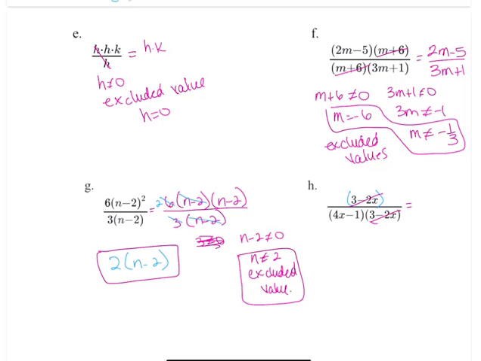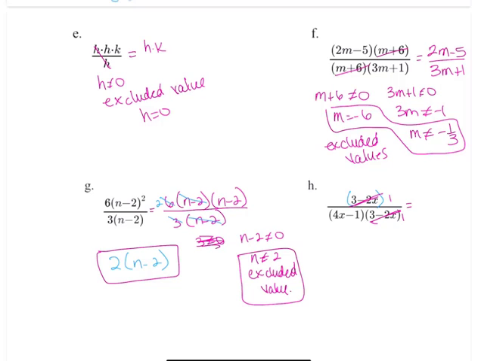So what do I have left on top? This is another little tricky one. Is it a 1 or is it a 0 because you got rid of everything? Right, it's a 1 because this 3 minus 2x divided by 3 minus 2x, those are 1s, right? That simplified to 1 over 1, or 1.